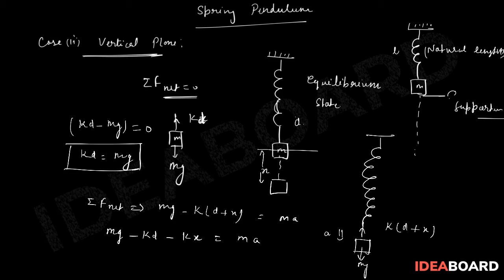We got it. So earlier we have seen that kd is equal to mg. We can substitute mg instead of kd, and minus kx is equal to ma. So this mg and mg is cancelled out.